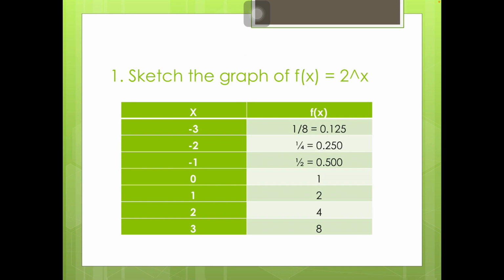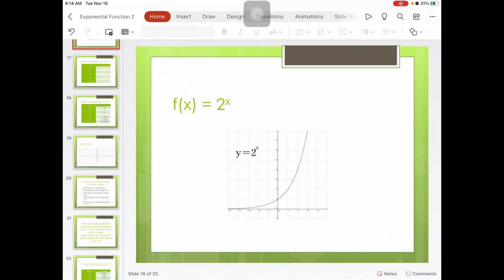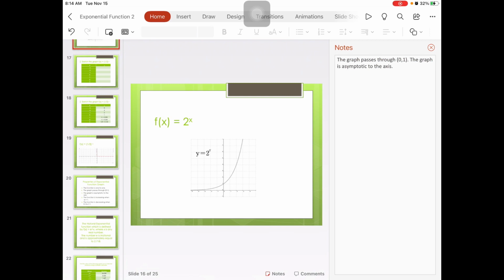So when you're going to sketch, you need to get the coordinates of each point, and the graph will be looking like this. f of x is equal to 2 raised to x. Note that the graph passes through 0 and 1, and the graph is asymptotic to the x-axis.